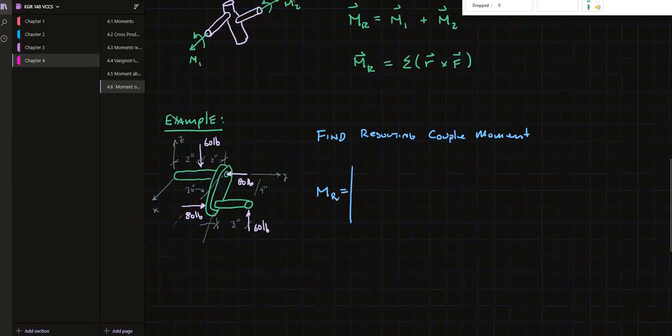To start with, let's take a position vector from here to here between these two 60-pound forces. So my tail's going to start here. We'll go i, j, k. In the x direction, we're heading out 4. In the j direction, we head out 5. And then from here to here in the k direction, we're going to go down.